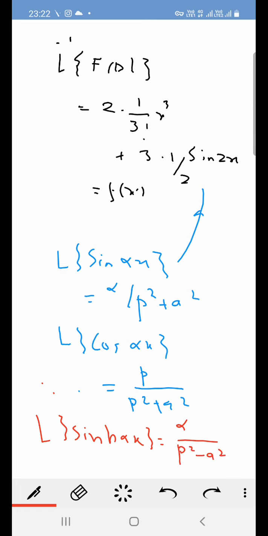So the sign only changes if we replace the trigonometric function by the hyperbolic function.